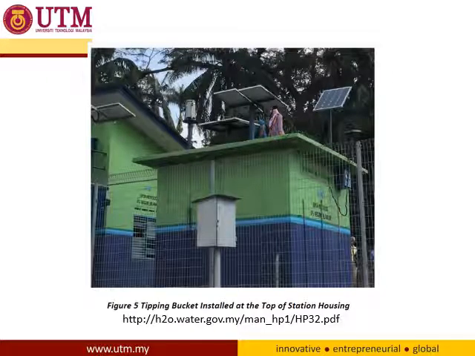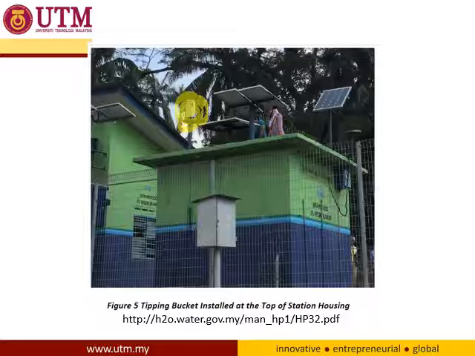This is an example of a rain gauge. Where is it? Can you guess? Okay, it's here. This small thing here. So a rain gauge is not big. It's a small equipment, but it needs to be located at the right place. For example, there are some manuals or procedures on where you should put the rain gauge. For example, it should be at a distance far from other high objects.